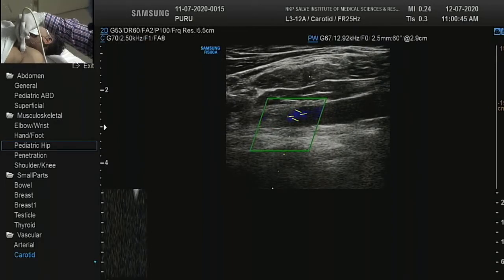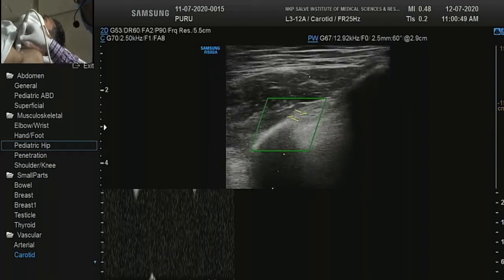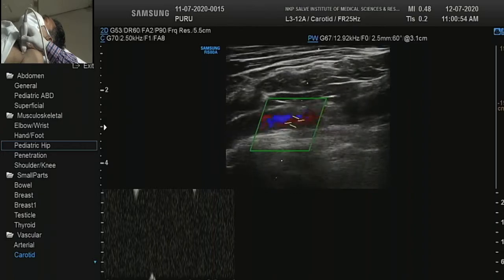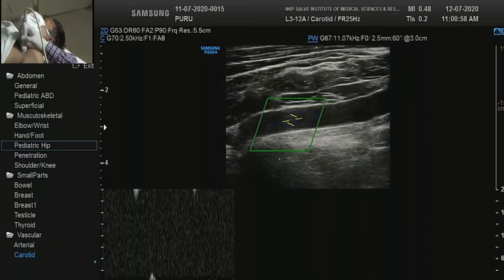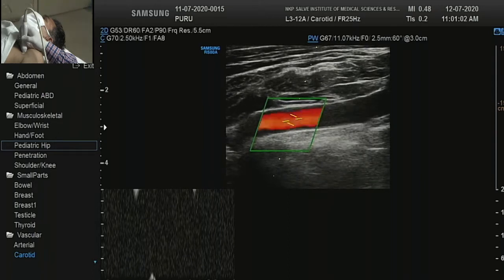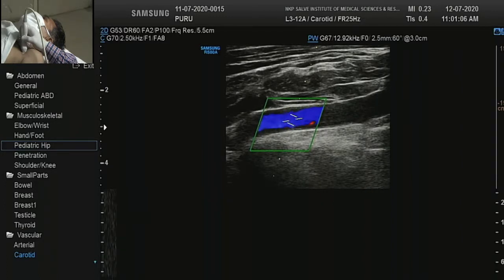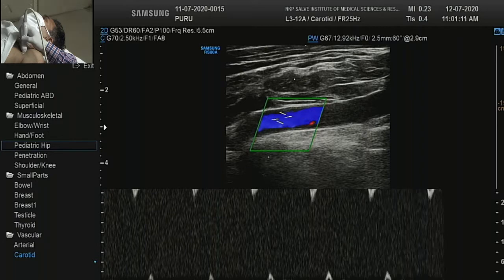See, my hand is hanging here, so what I can do is rest my elbow here so that my wrist becomes more free to do the maneuvering, and I can see it better. So I applied a spectral gate across, and adjusted the spectral gate size. This is 2.5 millimeter here, and now I have applied the Doppler.